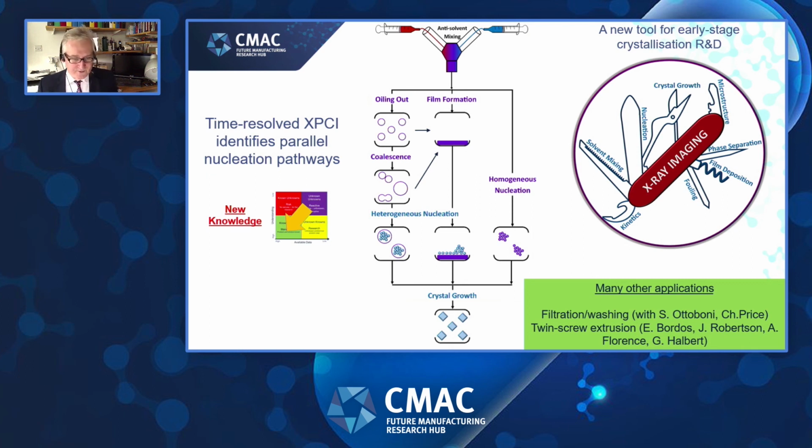The great learning we take away is that you've got to be careful in designing your process, because you might get oiling out, coalescence of these oil droplets, then heterogeneous nucleation in parallel with thin film formation, and then nucleation from the film, and of course the traditional homogeneous nucleation you would expect, all leading to crystal growth. Disentangling that, X-ray imaging is very useful for telling us about all of these features. It's almost like a Swiss Army tool that allows us to look into this and get our bearings.